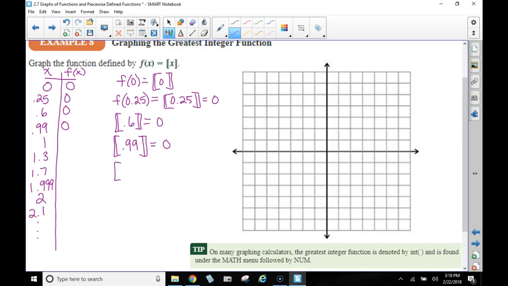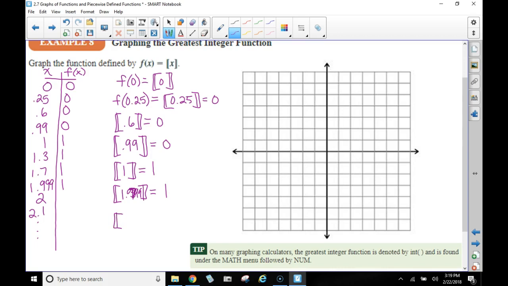Now, the greatest integer of 1 is just going to be 1, because 1 is the greatest integer that is less than or equal to 1. Okay? So the greatest integer of 1.3 is 1. The greatest integer of 1.7 is 1. The greatest integer of 1.999, all the way snug up to 2 but not 2, is 1.